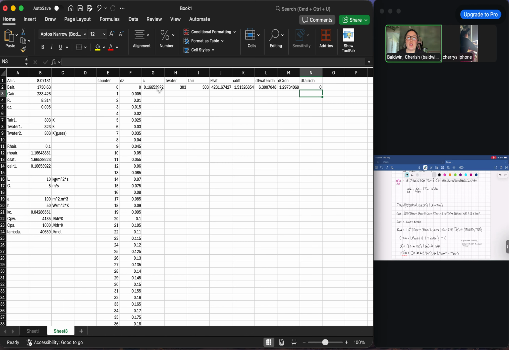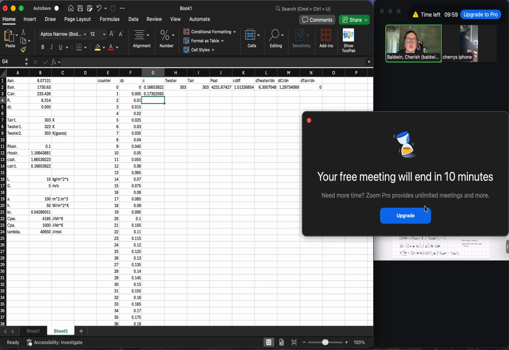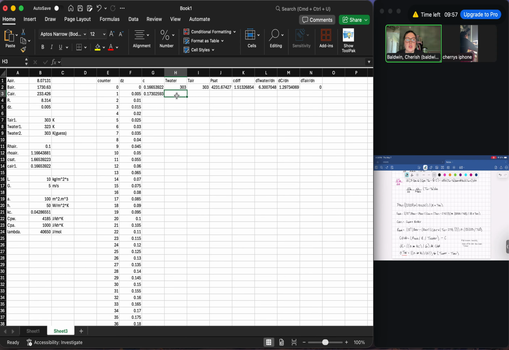All right. So now we're going to use Euler's method for this, which is where you were plus the increment times the rate, right?